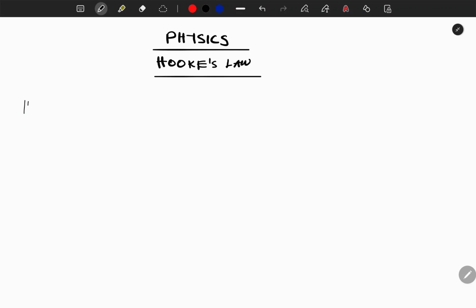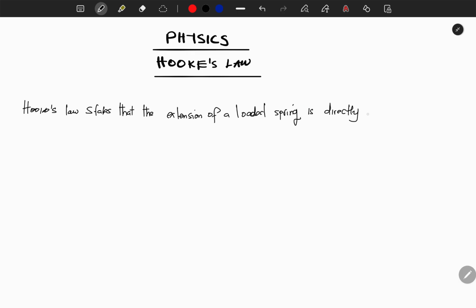Hooke's law states that the extension of a loaded spring is directly proportional to the force applied, provided the elastic limit is not exceeded.